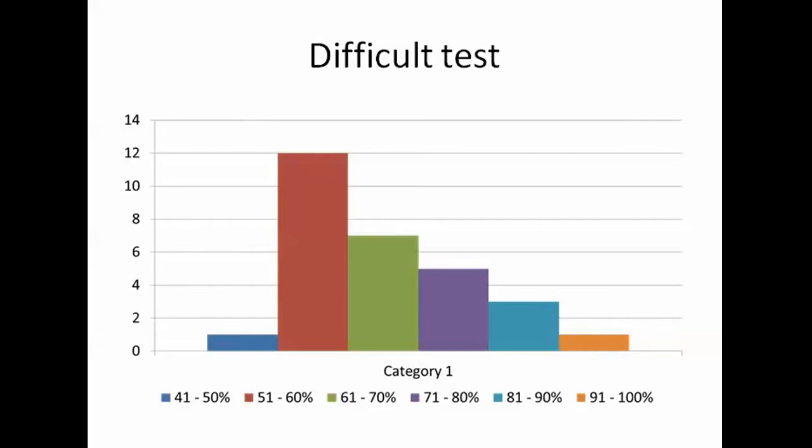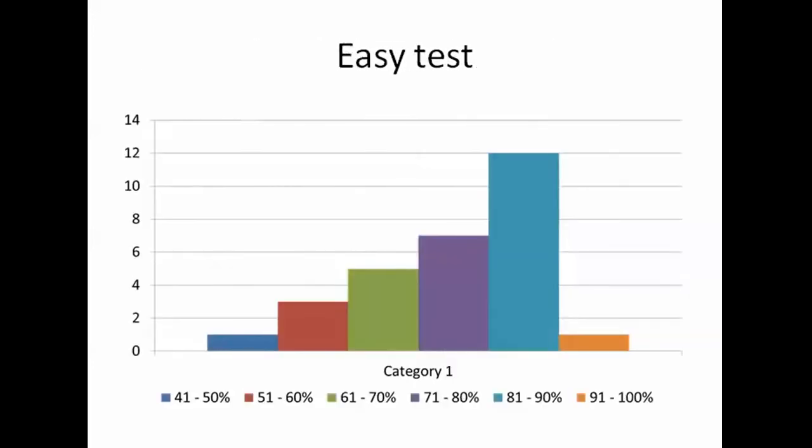If the test is easy, then students' grades will follow the other shape, which is skewed to the left. If the test is easy, then a lot of the students in the class will get the high grades down here. I mean, a lot of the students will get A's, which is why this bar at the right end is so tall.